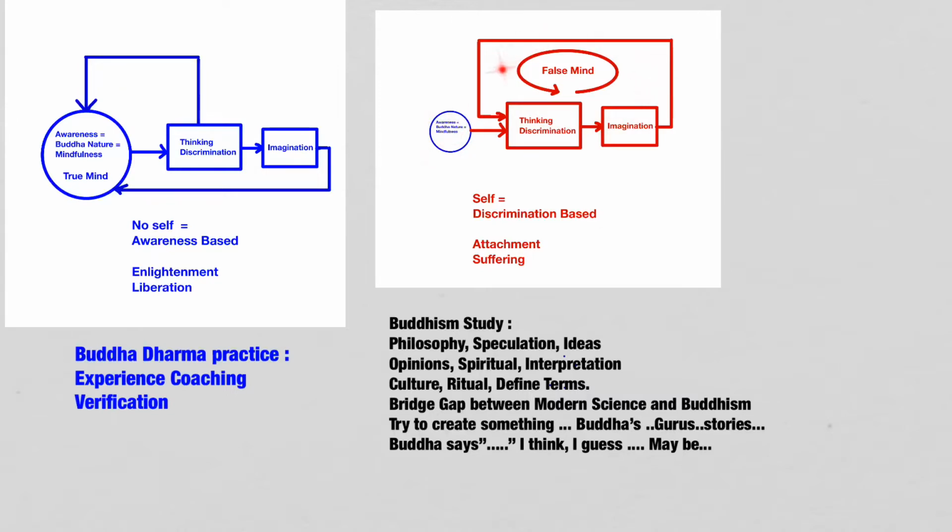It just keeps looping, like it grabs the mind itself. This looping way of using the thinking, discriminations, and imaginations is also called false mind, meaning that it is trapped there. The mind grabs its mind, the mind is attached to something, and then it just continues to spiral, an unended spiral.